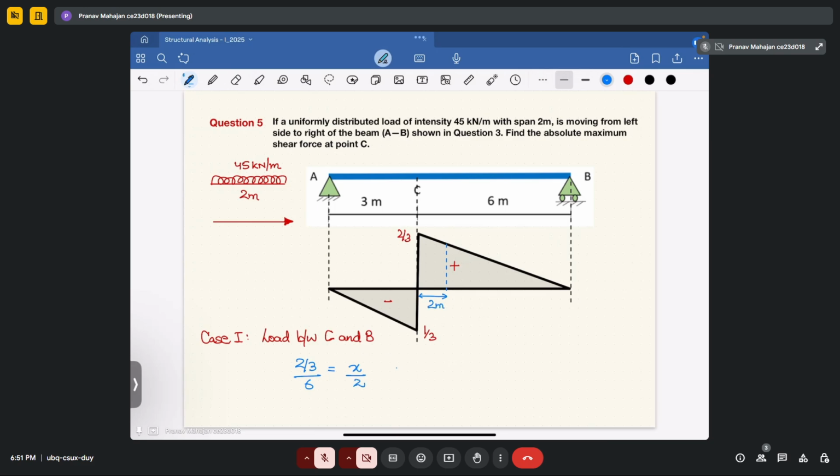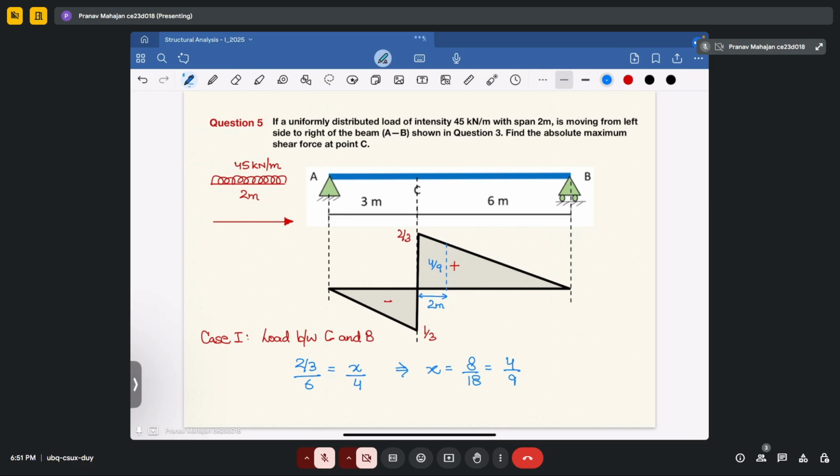So you will get h equal to 4 upon 18, oh, I think I have done the wrong thing, it is 8 upon 18, that means 4 upon 9. Fine. So this ordinate is 4 upon 9.